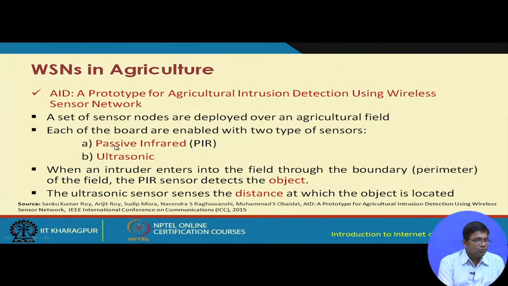We are using two types of sensors, the passive infrared sensor, the PIR sensor, and the ultrasonic sensor. So, when an intruder basically enters the field through the boundary of the field, the PIR sensor detects the object, that means the intruder, and the ultrasonic sensor basically senses the distance at which the object is located. So, this is why these two different sensors are used, the PIR sensor whether it has entered or not, and the ultrasonic sensor about how far the object is from that particular sensor.